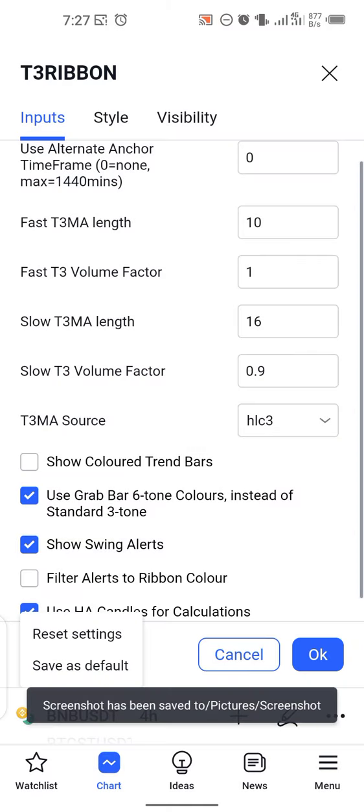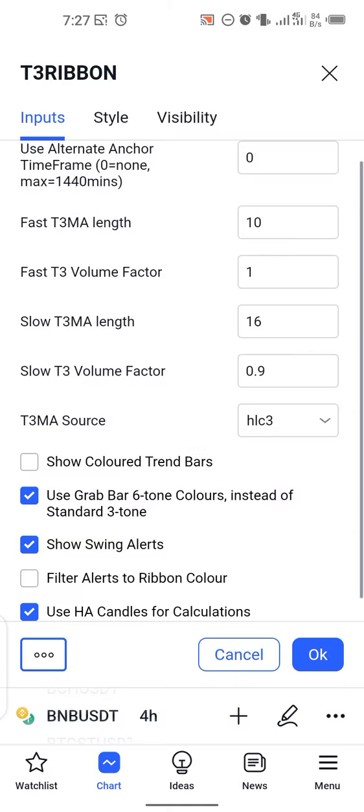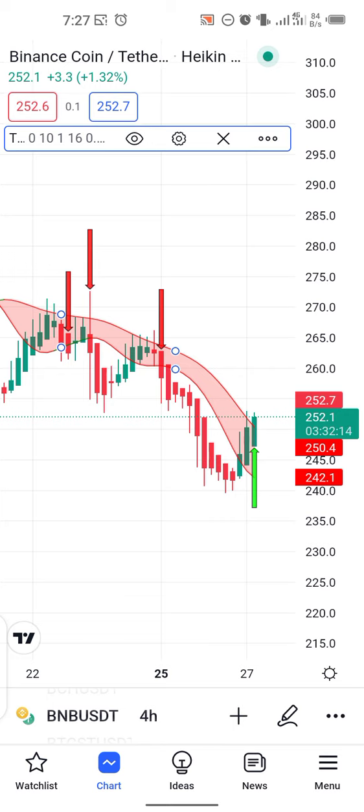Right, save as default. Then after that we press OK. So these are the indicators. That's the first part.